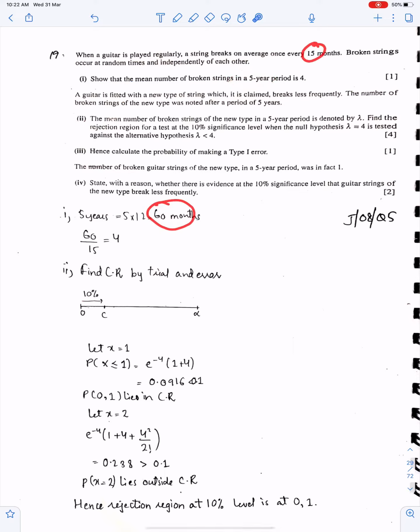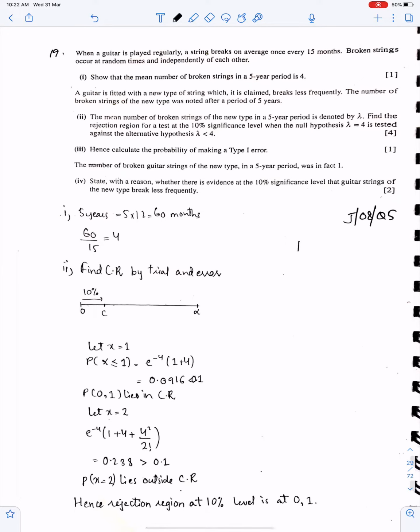So in 60 months it should be lambda. Just do cross multiplication: 60 over 15, which is 4. You can do this in a ratio method as well. 1 in 15 months, so lambda in 60 months, where 60 means 5 years. So lambda is 4, shown.